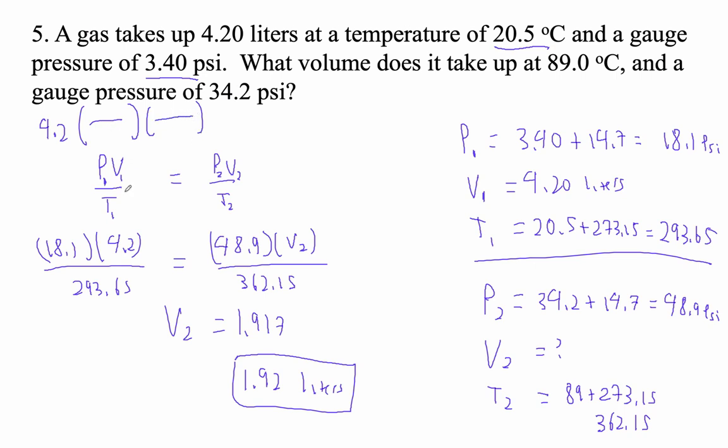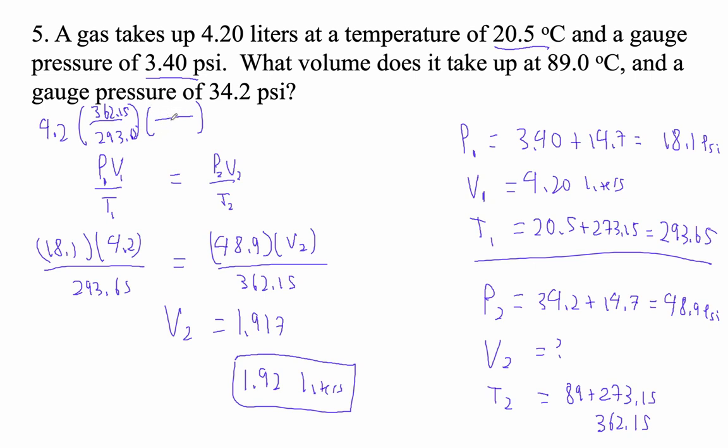The first one is that I'm going to heat it up. And so heating it up is definitely going to make it take up more volume. Doesn't that make sense? So I'm going to go 362 over 293.65. I know that the ratio of temperatures, since we're heating it up, should take up more volume, right?